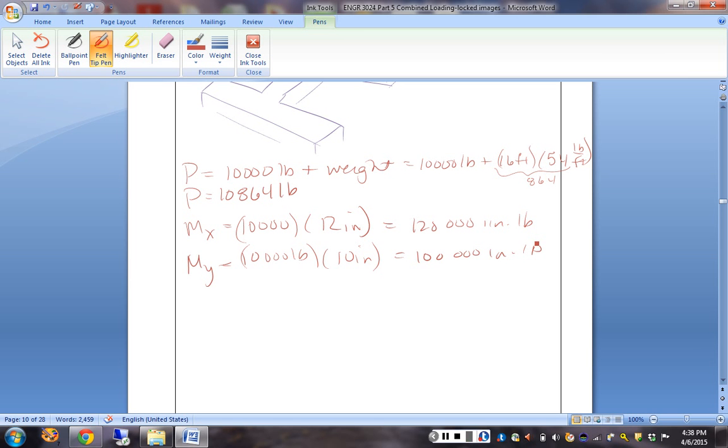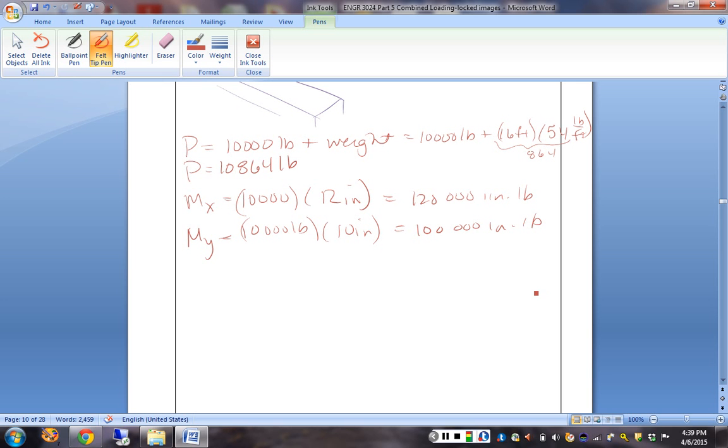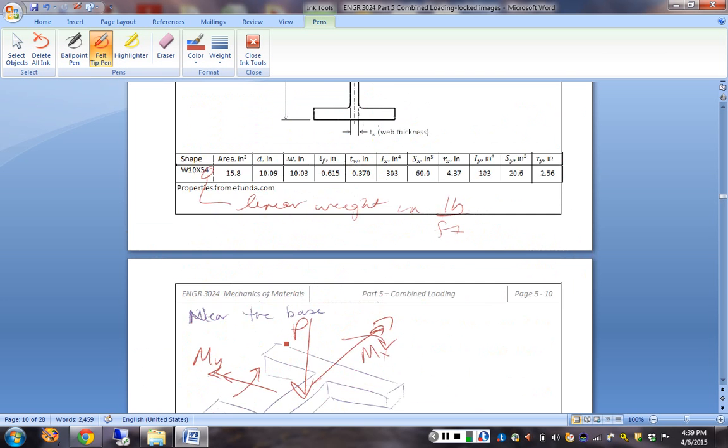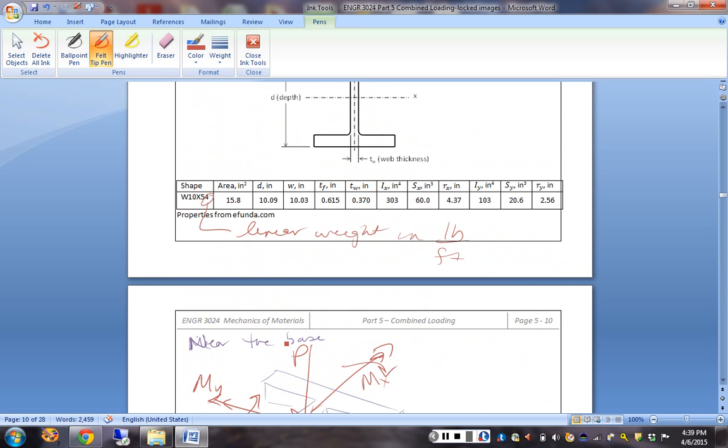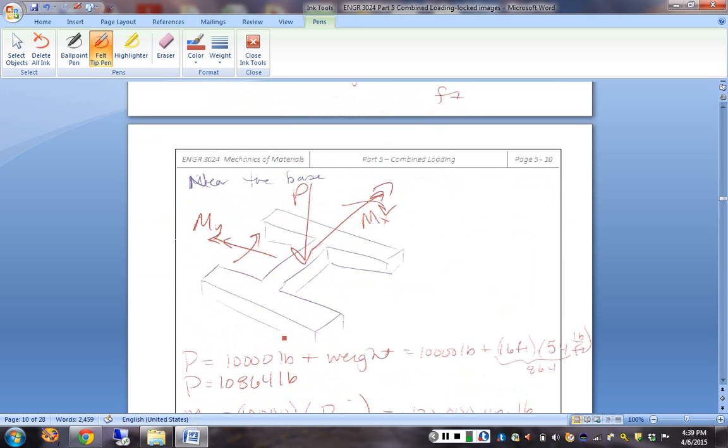What kind of stresses do those cause? Normal, we've still got no shear. So both of these are causing bending stresses. How do we figure it out? Axial is plain old P over A. Where do we get our A, Brogdon? From the area of the beam, which is 15.8.